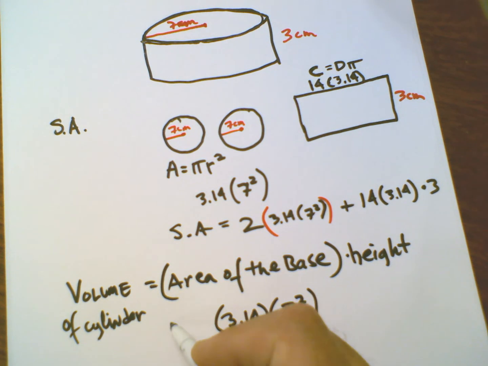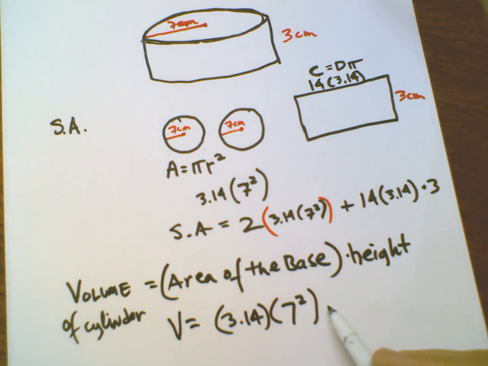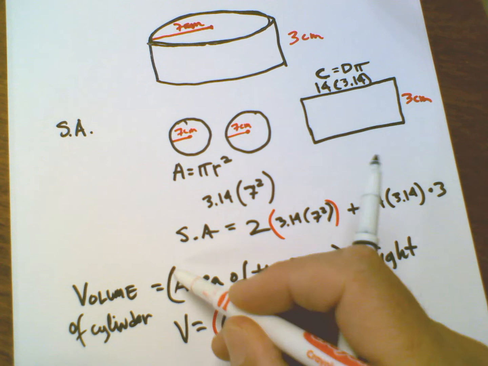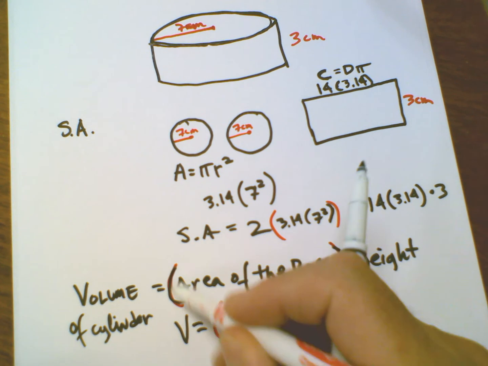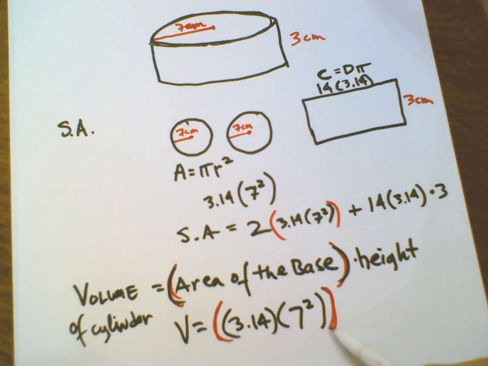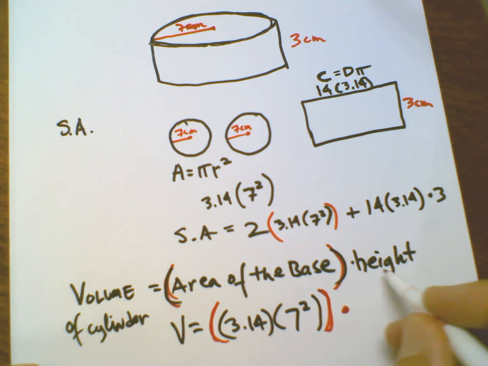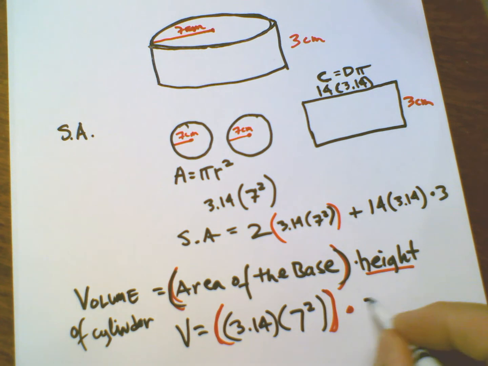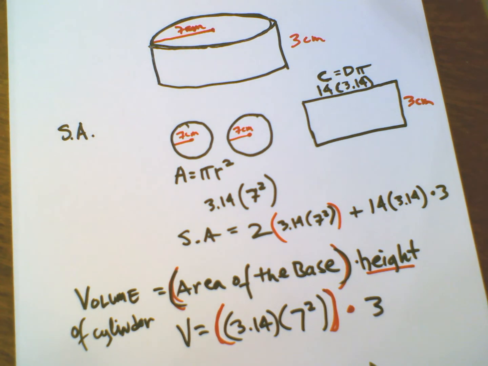So volume equals that area of the base, and I need to take whatever that gives me and multiply it by the height, which we know is 3 centimeters.